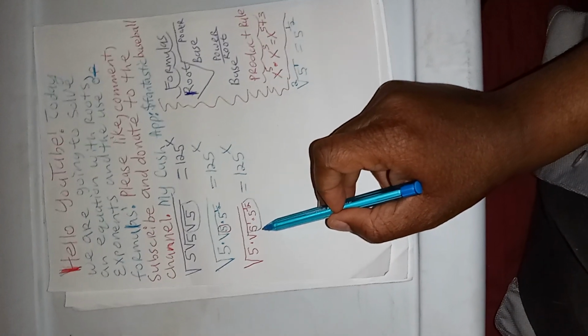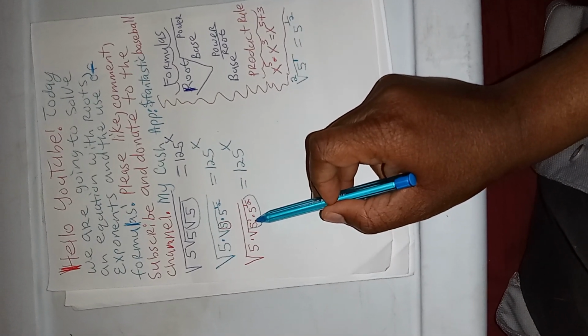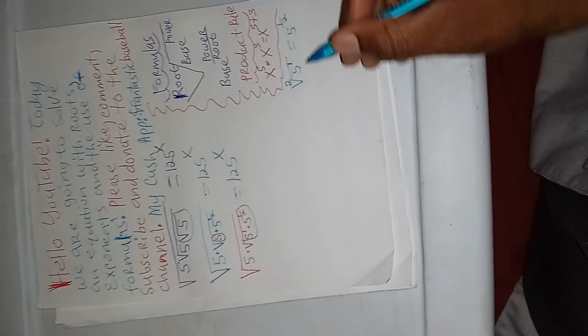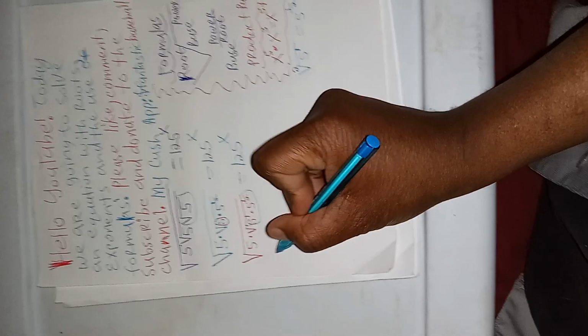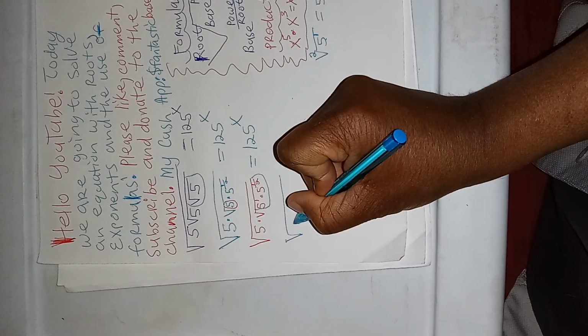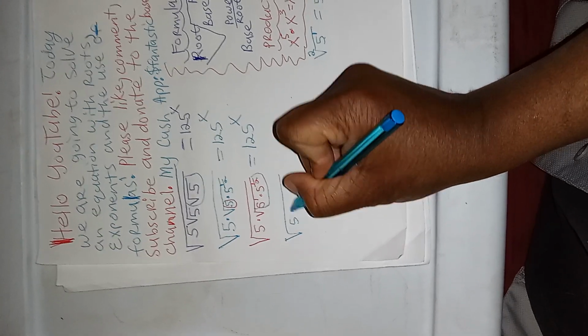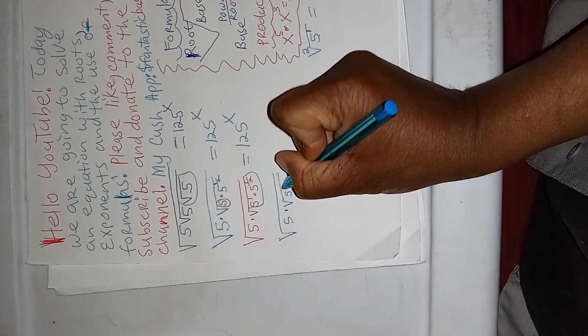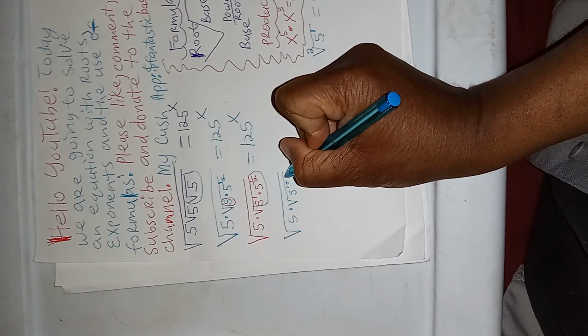Here we see the base of 5 to the power of 1 times the base of 5 to the power of 1/2. So this could be rewritten as the square root of 5 times the square root of 5 to the 1 plus 1/2.